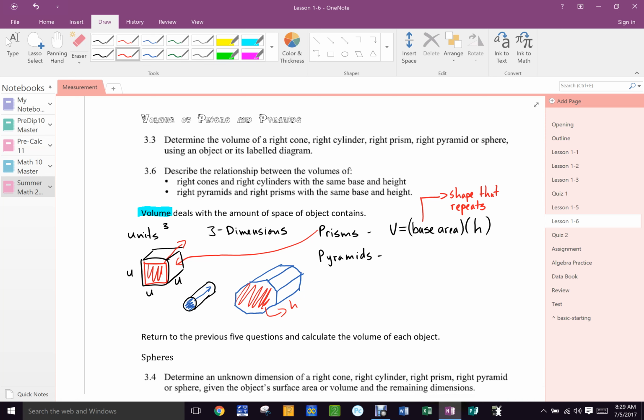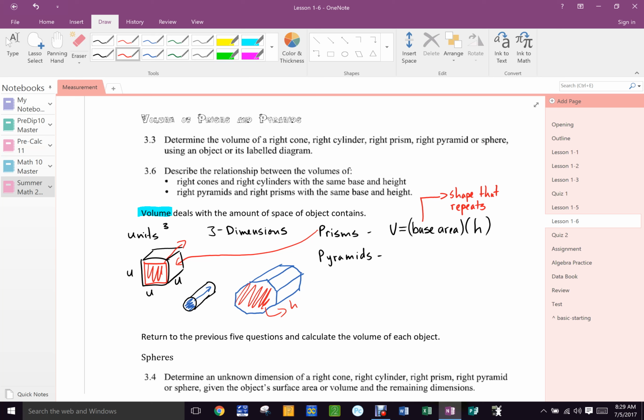What if it's a cone? What changes in this if I turn it into a cone? I shouldn't say that. What would be the same if I have this and a cone right beside it? Pardon? The base, the circle would stay the same, right? But a cone comes to a point, yes? So we would lose all this space out here, wouldn't we?